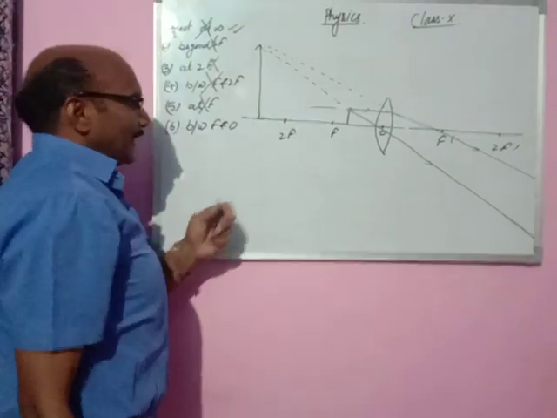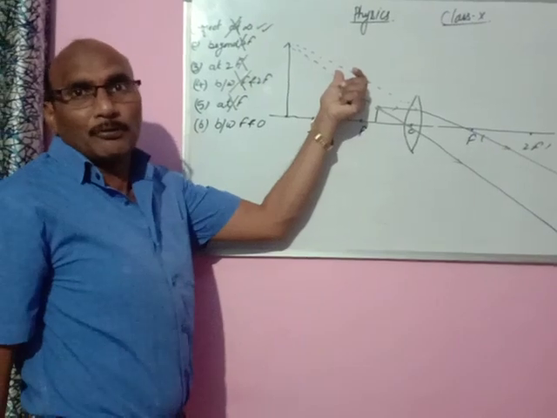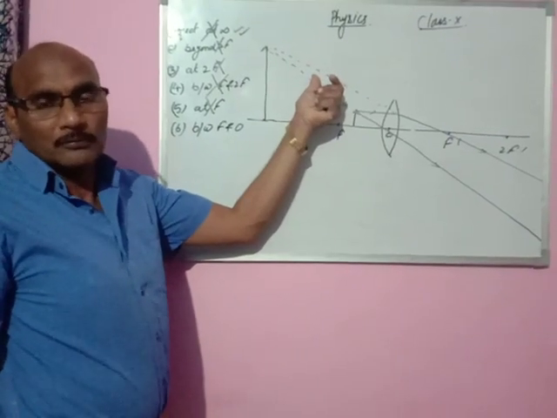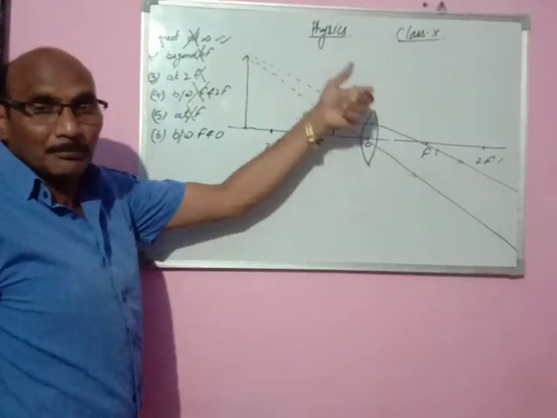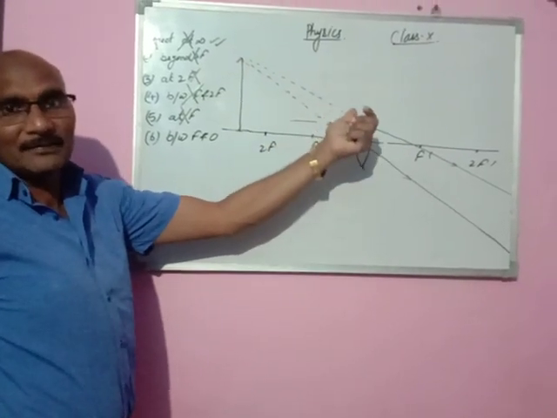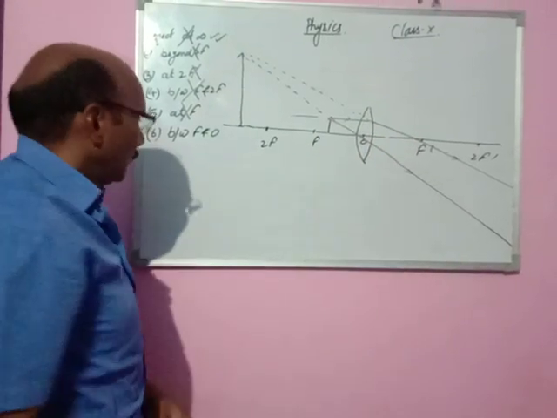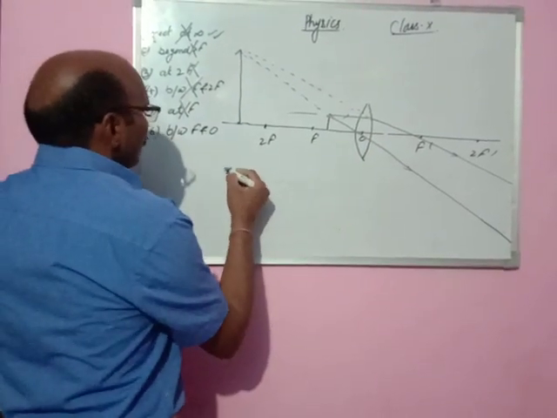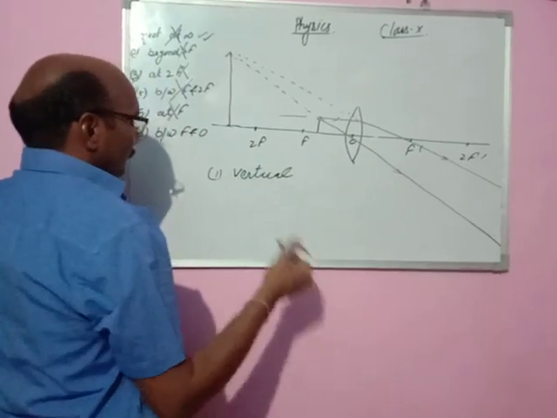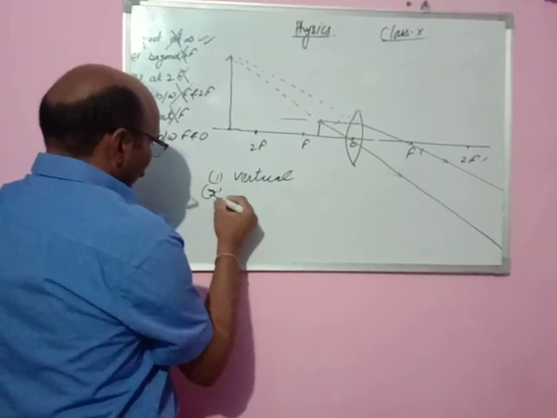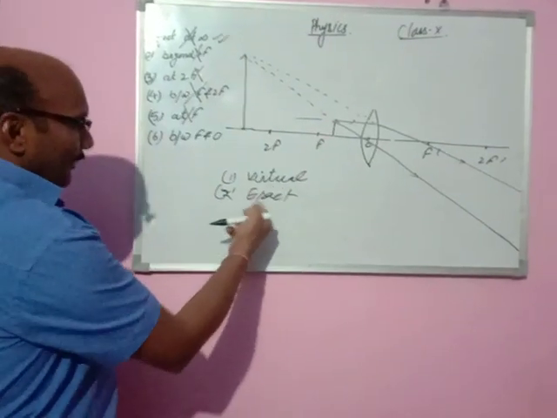Now, a special type of image. This image is not formed because of the intersection of refracted light rays. This is made by the intersection of the extensions of refracted light rays. So, the image will be virtual. Number 2, erect. Virtual, erect.